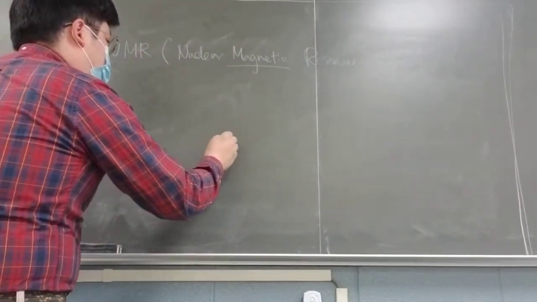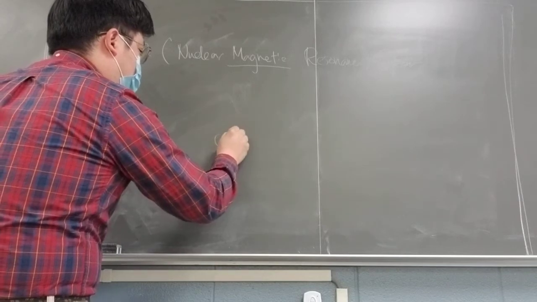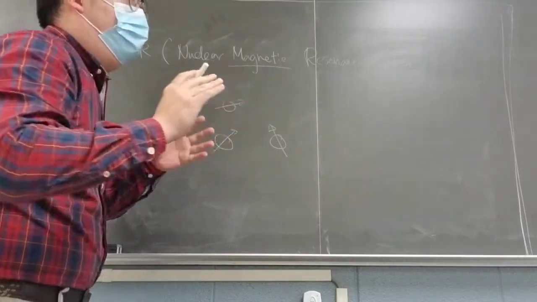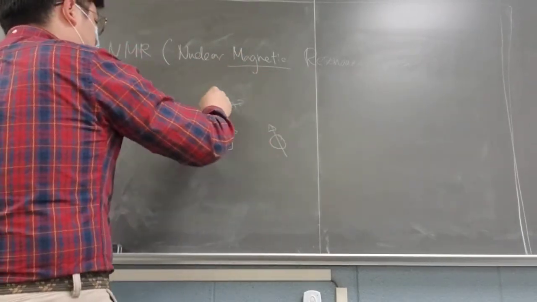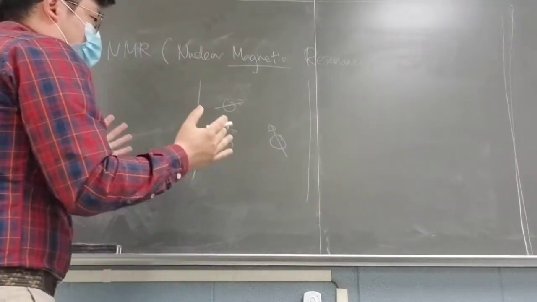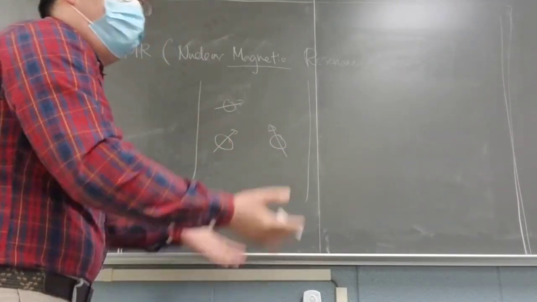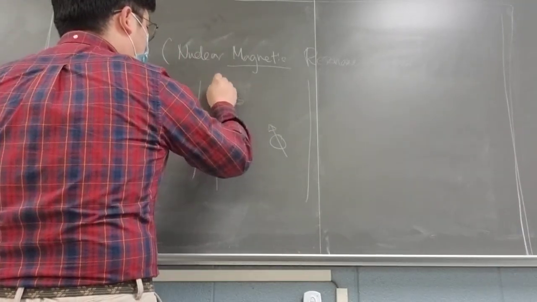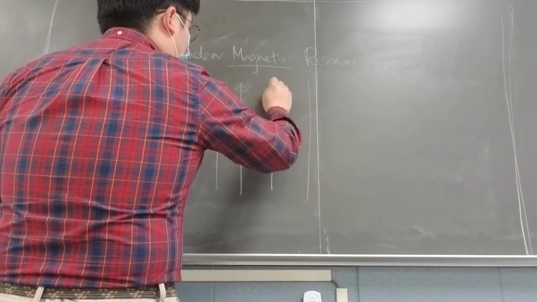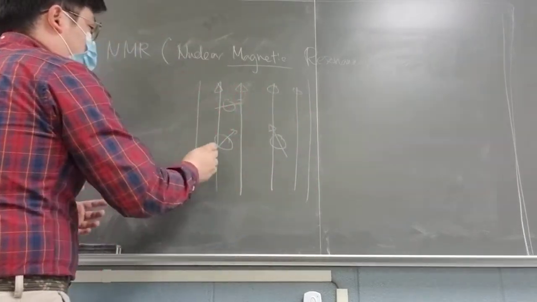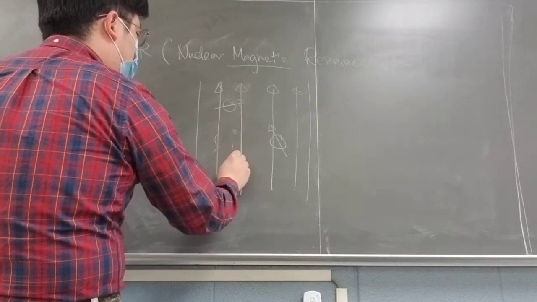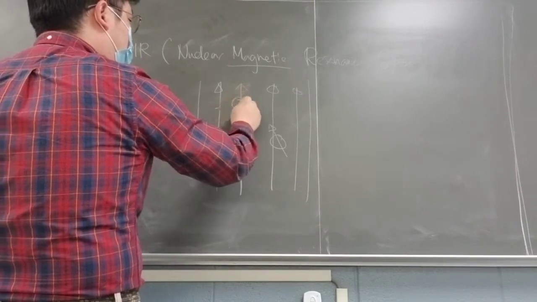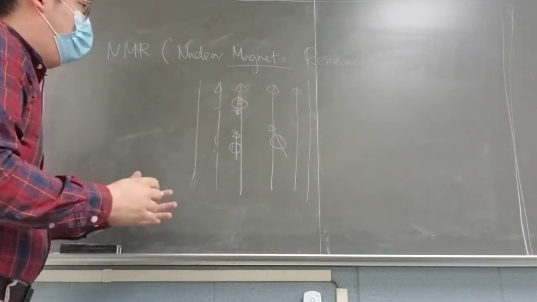here's the thing. Whenever you have nuclei, the magnetic spins are in random directions, okay? But if we apply an additional external magnetic field, maybe in this way, what happens to those nuclear magnetic spins is that some of them will align parallel to the external magnetic field, but the others go down to the anti-parallel position.